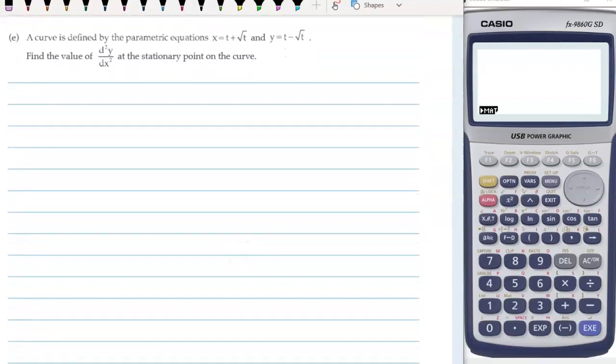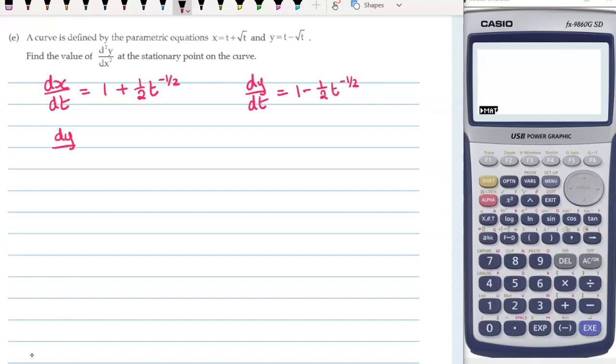We've got some parametric equations for part E, so let's do dx by dt and dy by dt. So we have a 1 plus, well, square root of t is t to the half, so this will be half t to the minus a half. dy by dt will be 1 minus half t to the minus a half. So dy by dx will be dy by dt times dt by dx.